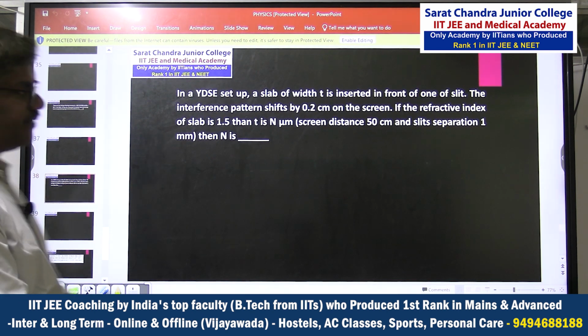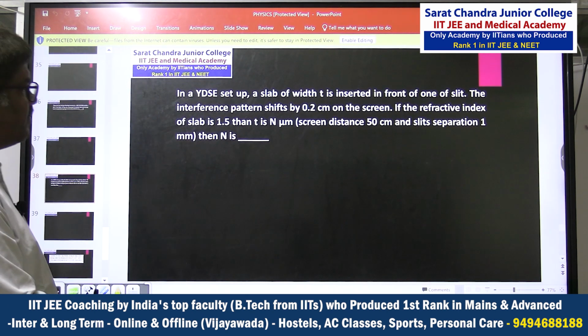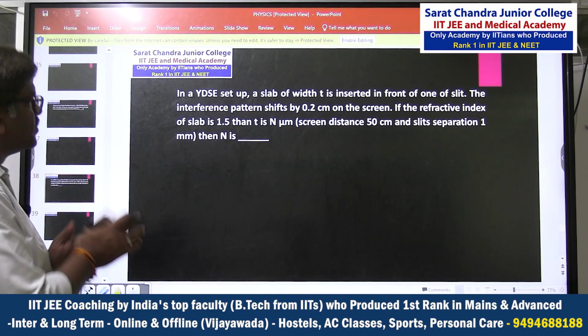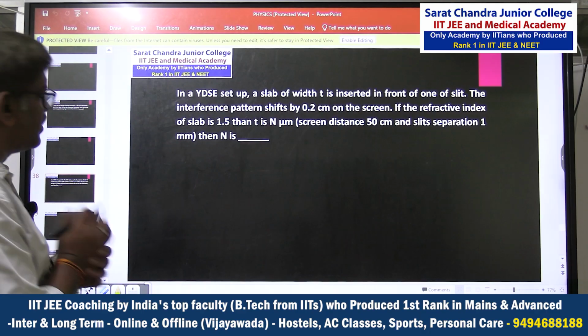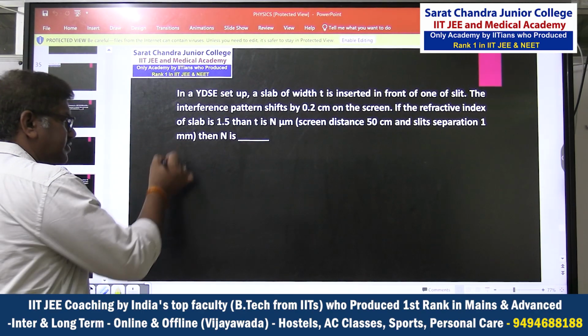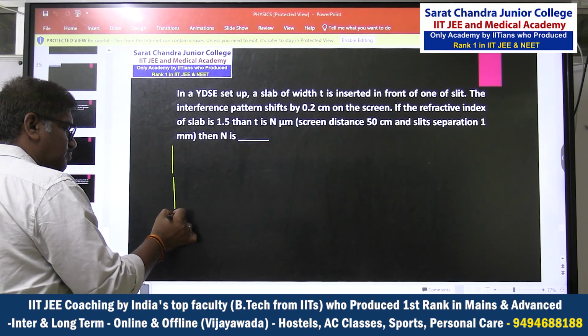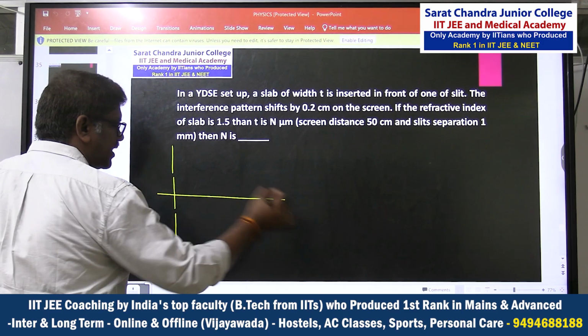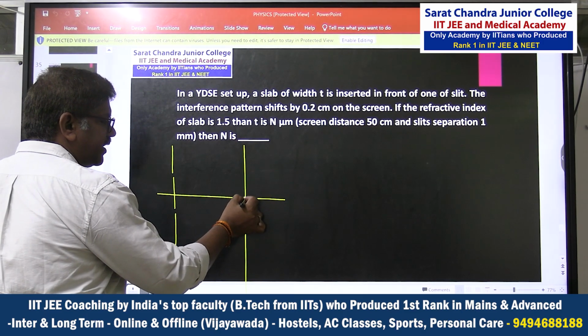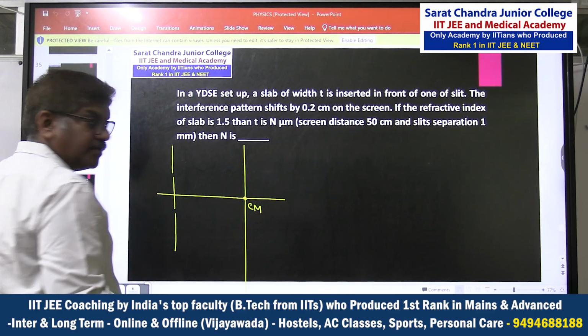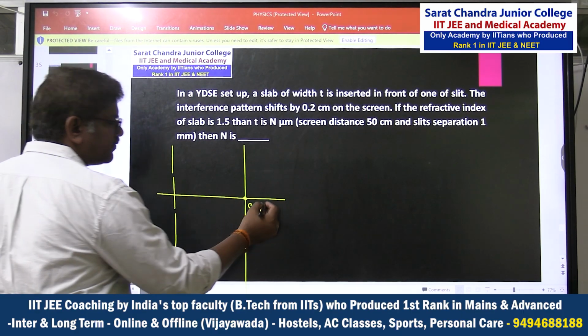Okay, YDSE, wave optics. So in a YDSE setup, a slab of width t is inserted in front of one of the slits. Let's make the setup of YDSE. So 2 slits are there. This is the central line. This is the screen. Generally, the central maxima will be here, right? Because the path difference for this is 0.